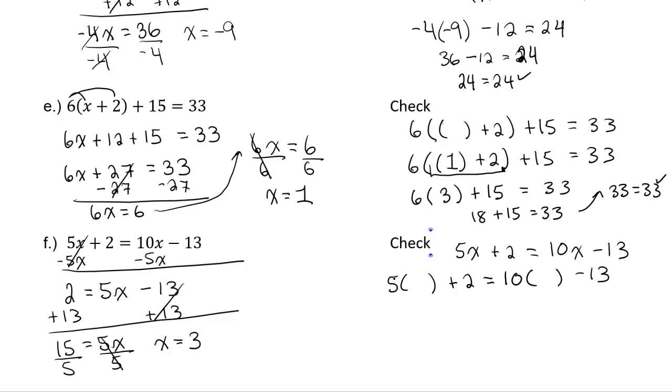Okay, so we have 5, and the 3 goes into the parentheses. 3 goes into the other parentheses. So I get 15 plus 2 on the left-hand side equals 30 minus 13. So we have 17 equals 17, which confirms that the answer of 3 is correct.